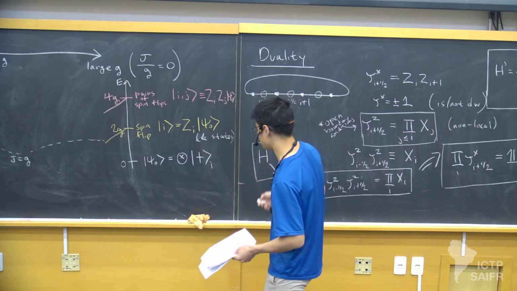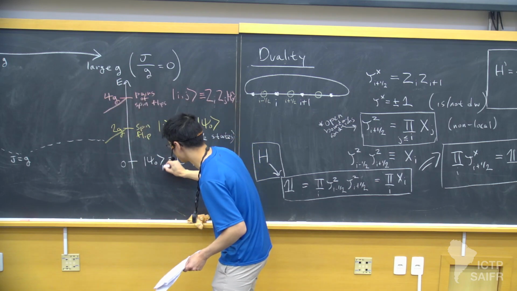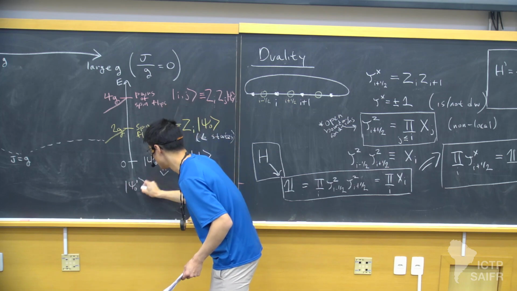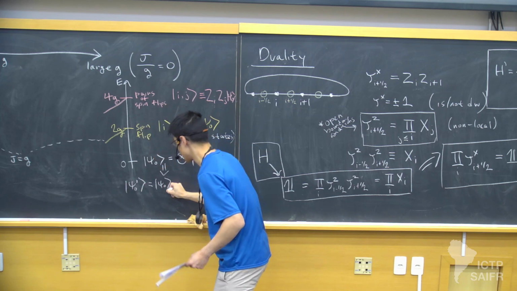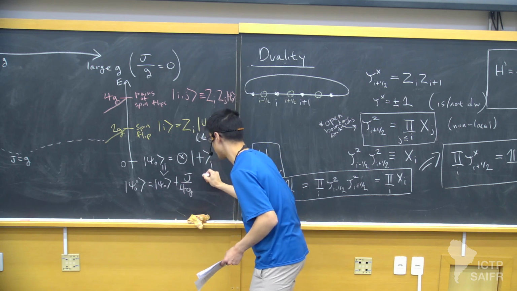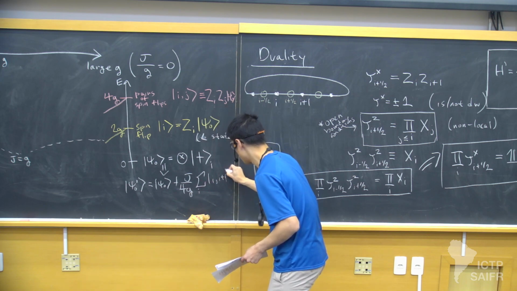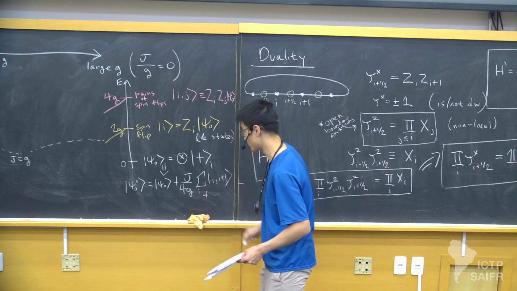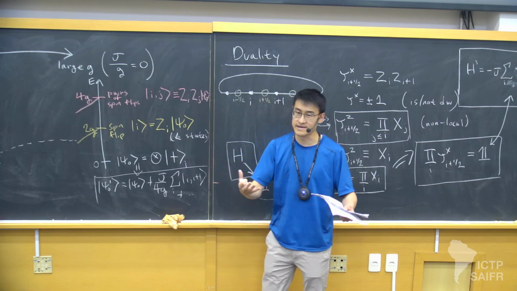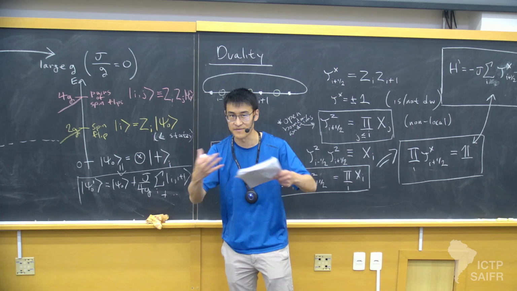Recall that when we perturbed by adding a little bit of J here, this product state wave function got a bit of quantum fluctuations. So it got some linear combination of two spin flip excitations, plus higher order. So we went from a product state to a perturbed wave function with just a little bit of quantum fluctuations, a little bit of entanglement.